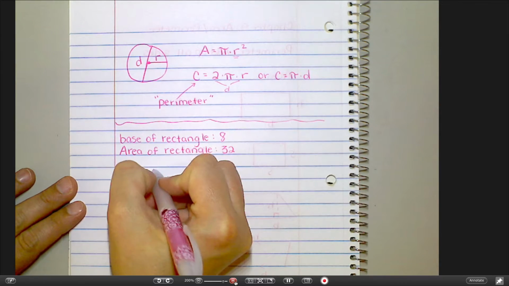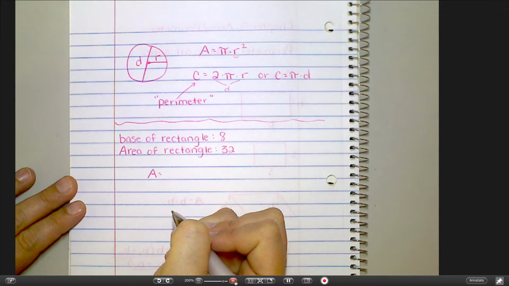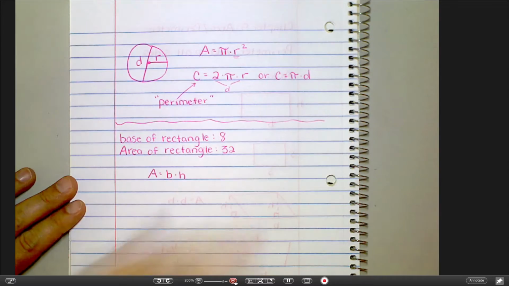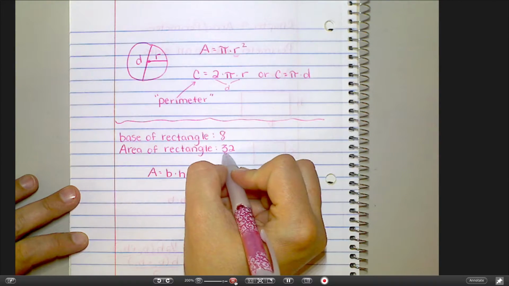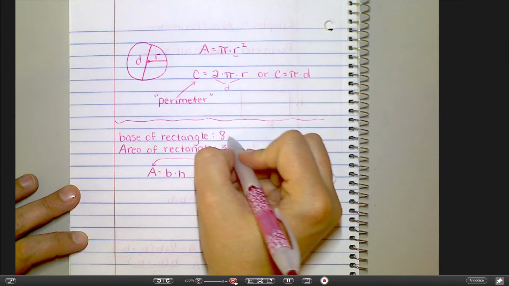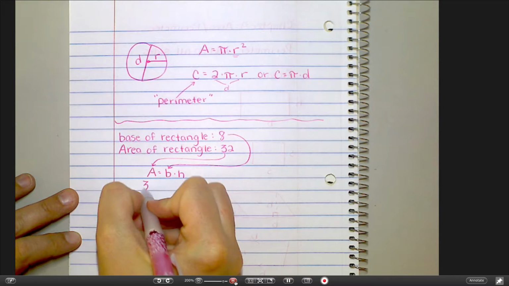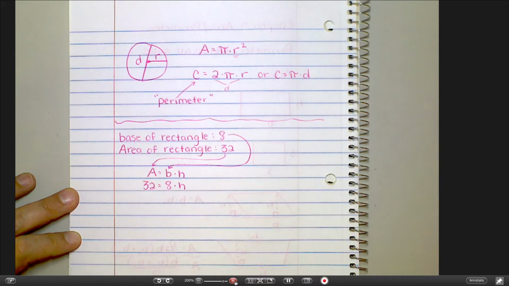How do you find area of a rectangle again? Base times height, right? So I would write out my formula. Area equals base times height. And then I'm going to plug numbers in where they go. So the 32 is my area, and the 8 is my base. So now I have 32 equals 8 times h.